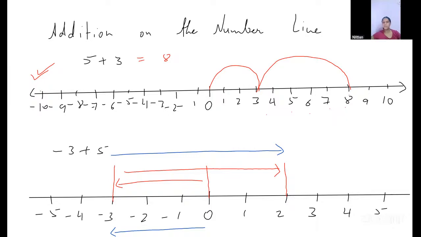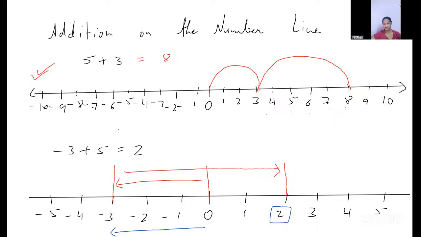Where did I reach? I reached 2. So the answer becomes 2.